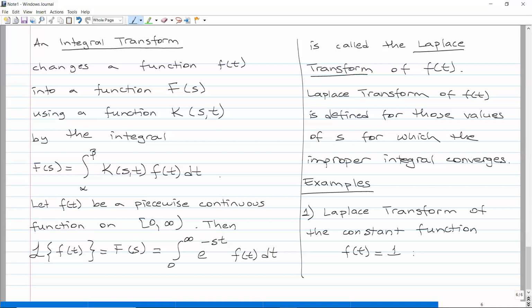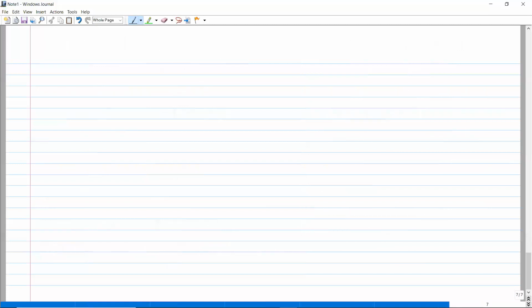So we take the constant function, it is 1. All right, we use the definition. So the Laplace transform of the constant function 1, by definition, is the improper integral from 0 to infinity of e to the power minus st times my function, which is 1, times dt.